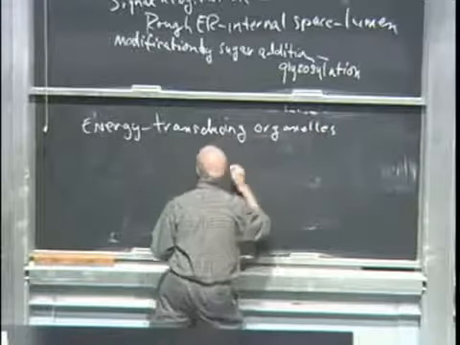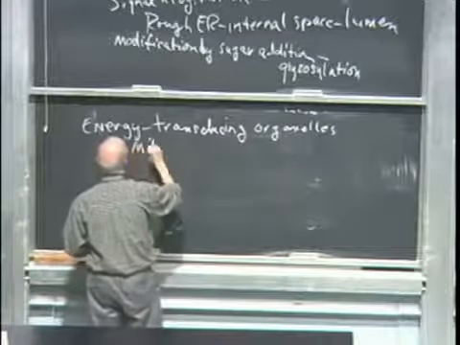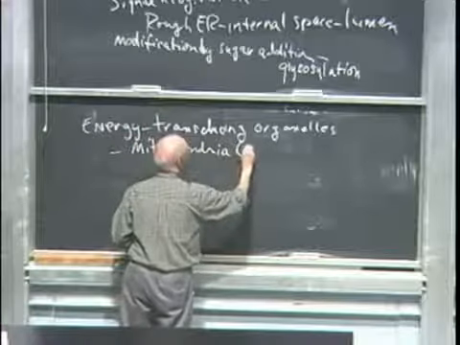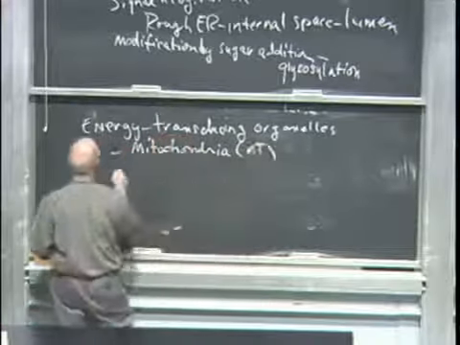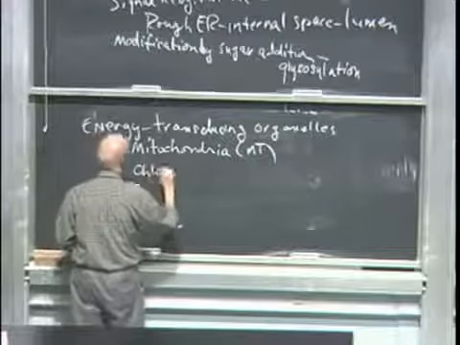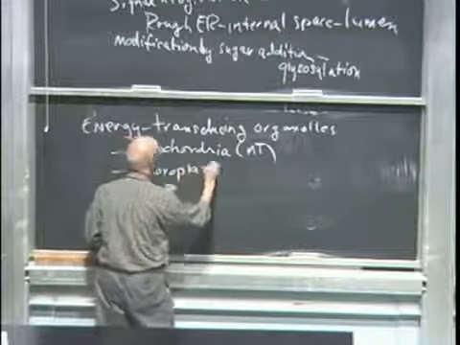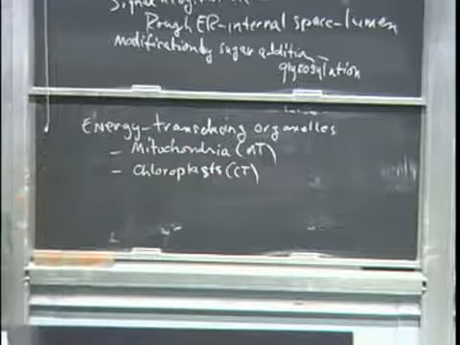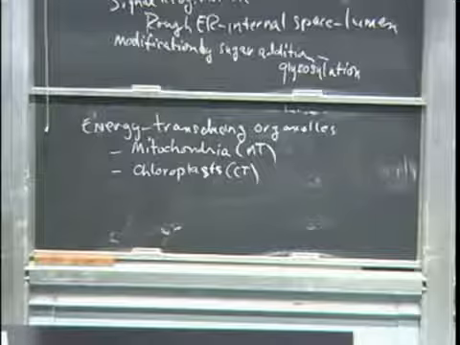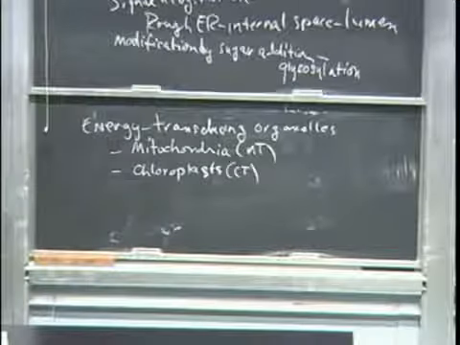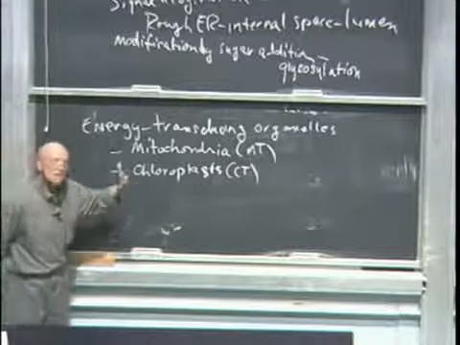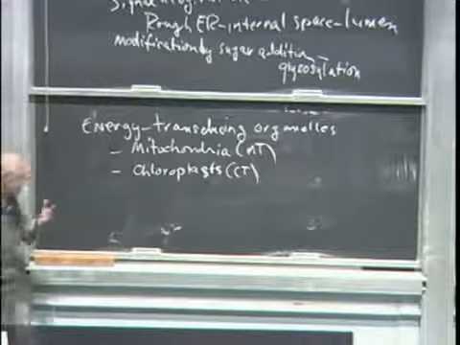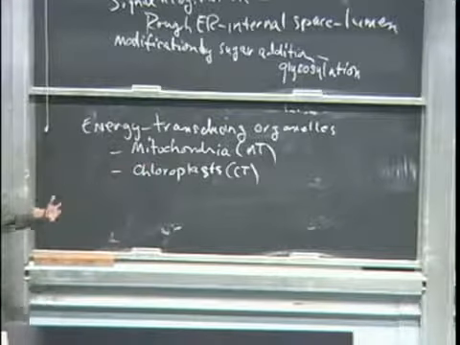And those are mitochondria, which often gets abbreviated MT, and chloroplasts, CT. They're energy transducing organelles because they are specialized in producing the energy compounds that are needed for metabolism. And there will be 4 lectures on these two organelles. That's how important they are.